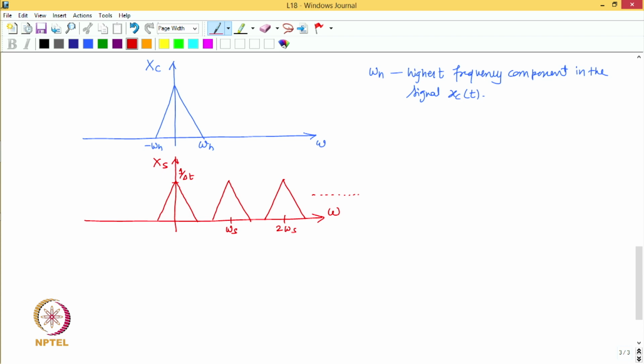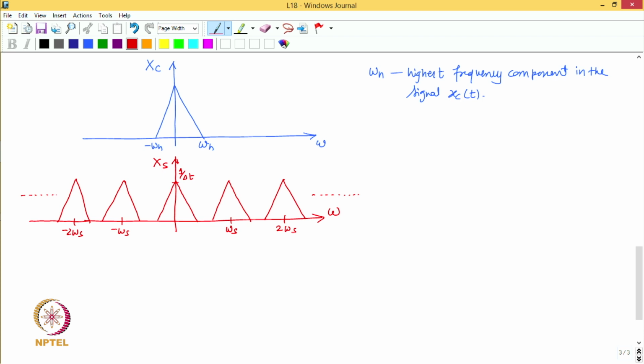On the negative frequency side also we have X_c(omega plus omega_s), which is X_c(omega) located at minus omega_s, and then a copy X_c(omega plus 2 omega_s), which is X_c(omega) located at minus 2 omega_s. In this way it goes up to minus infinity.